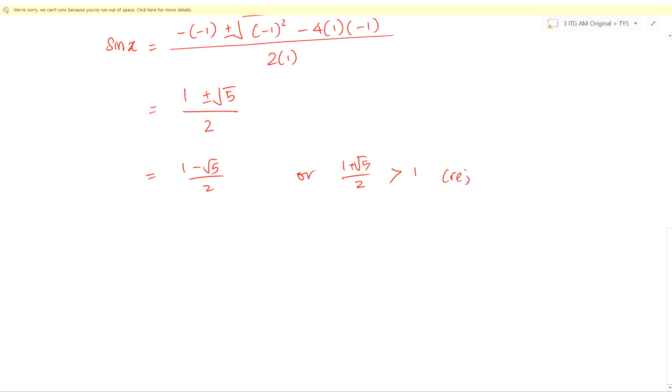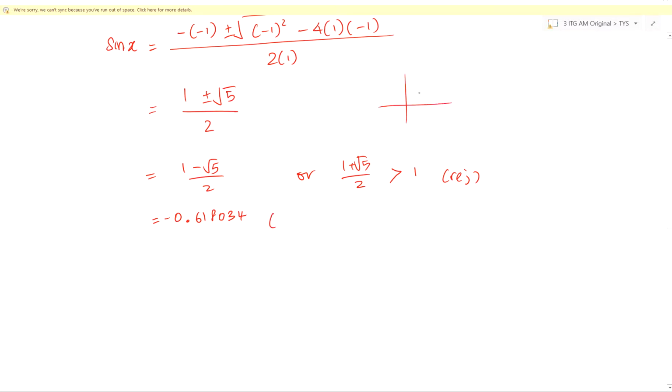So this has to be rejected, leaving us with only the answer on the left. So 1 minus root 5 divided by 2 is negative 0.618034. Okay, more decimal places is better. And this is a negative value.